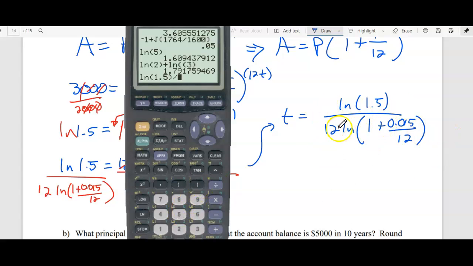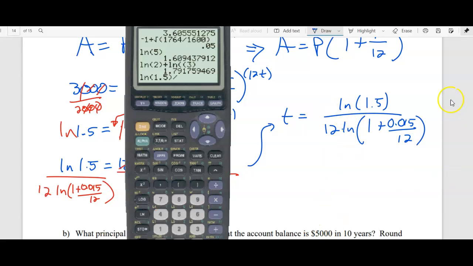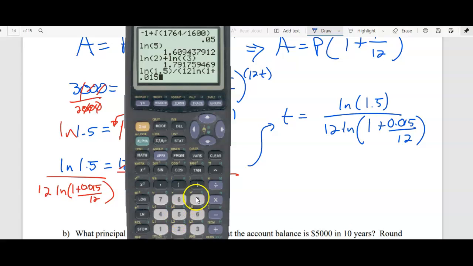All this stuff in the denominator has a multiplication right there, and so we need a parenthesis around the denominator to make sure that multiplication happens correctly. 12 natural log, oh, we have a parenthesis already, 1 plus 0.015 divided by 12, close that, and that parenthesis.